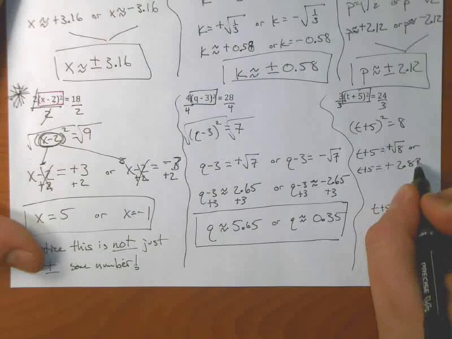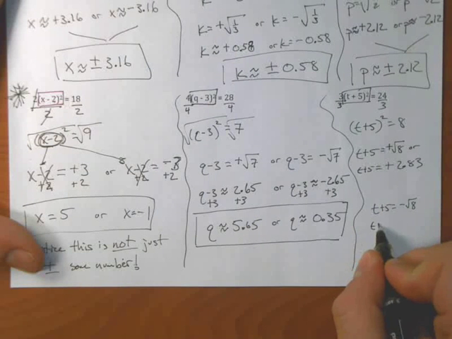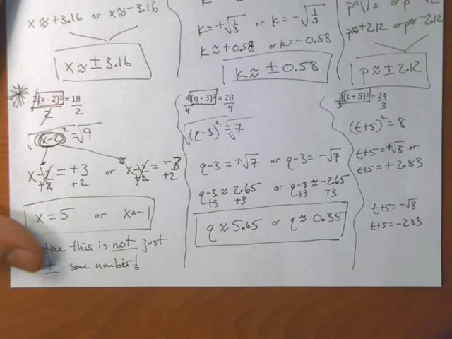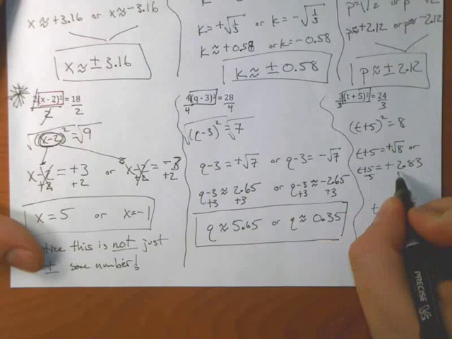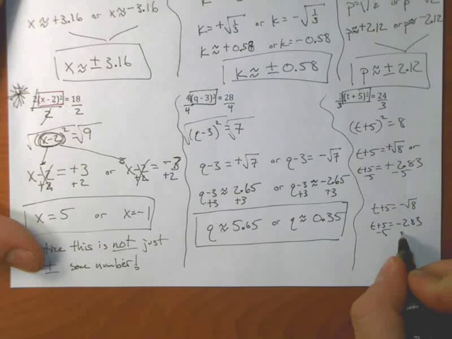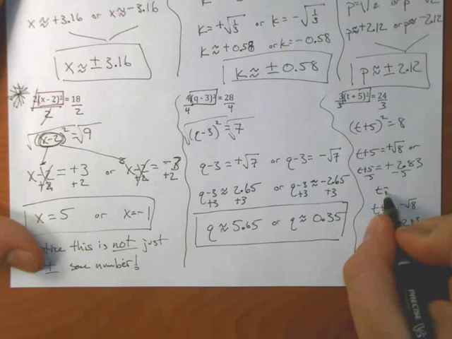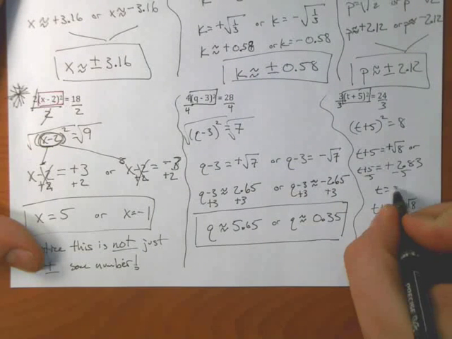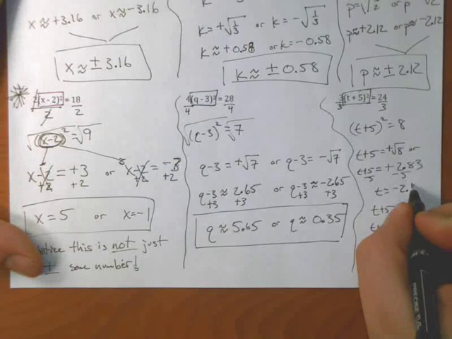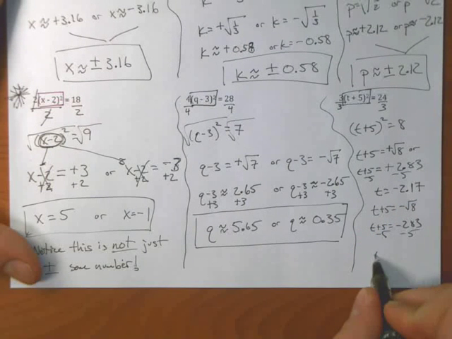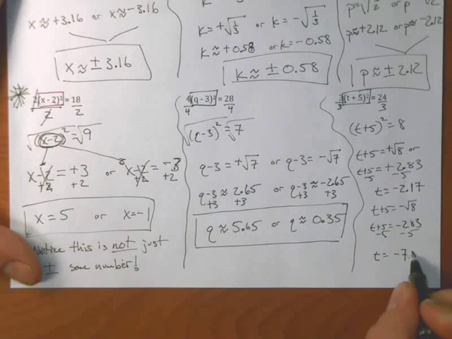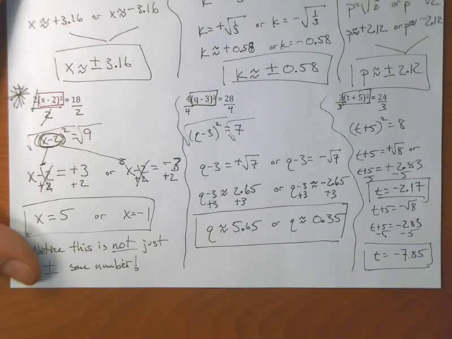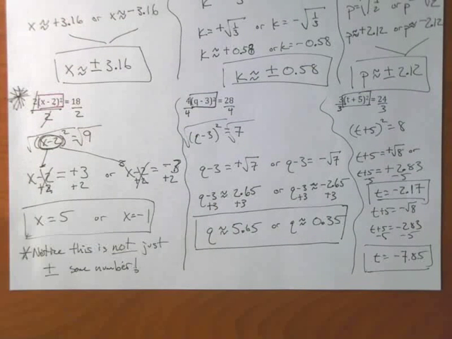So square root of 8 is approximately 2.83, plus or minus there. Subtract 5, t is equal to minus 2.17, or t is equal to minus 7.85.